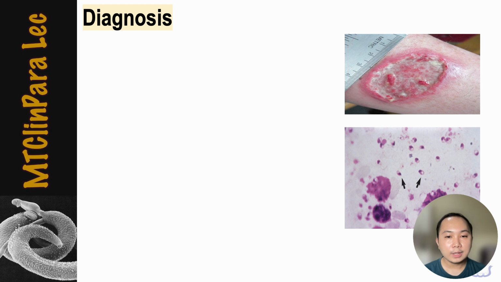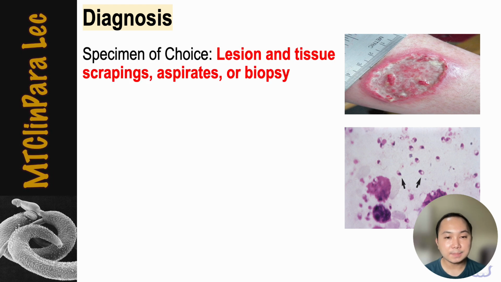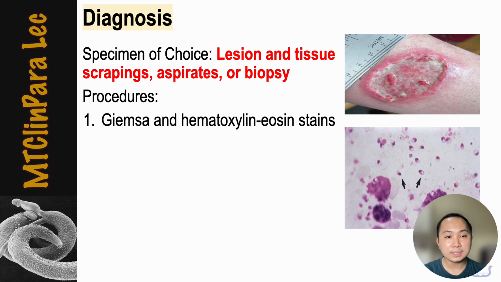So for the diagnosis of our Leishmania species, we can acquire samples of lesion and tissue scrapings, aspirates, and even tissue biopsies. I forgot to add here, we can also use blood samples for the presence of amastigotes. The procedures that we can use are Giemsa and hematoxylin and eosin staining.